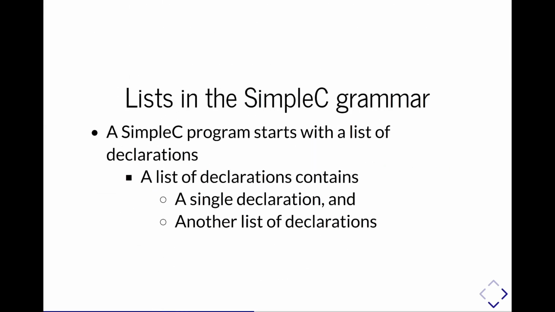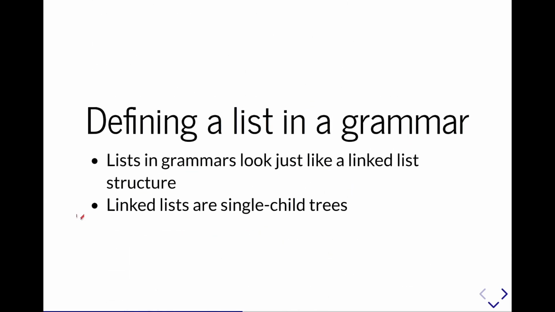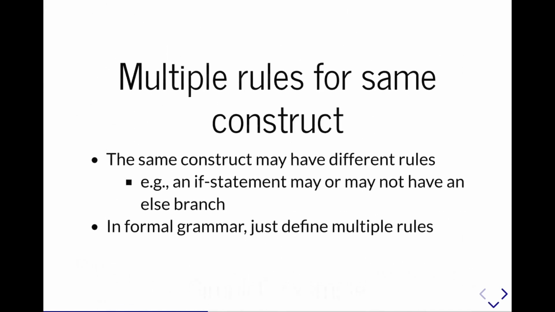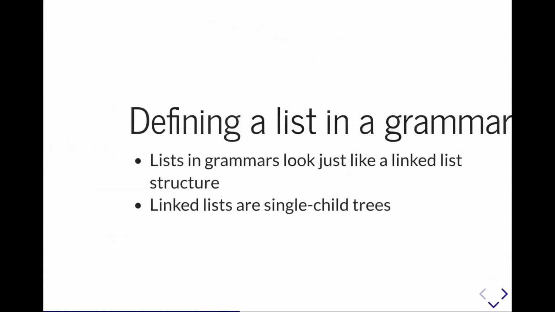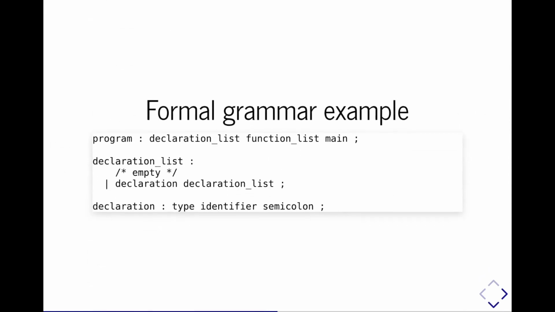We're going to use this self-referential specification to express arbitrarily long lists of things in our grammar, and also arbitrarily deeply nested things. But let's start with lists. Before, I showed you the rules for program and for declaration, but we didn't look at what declaration list was.